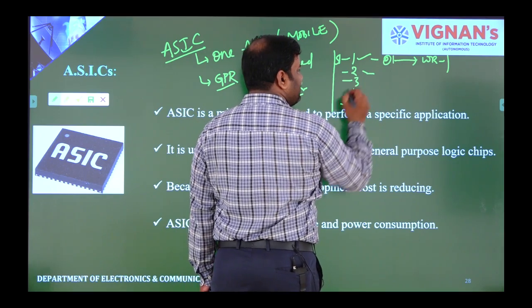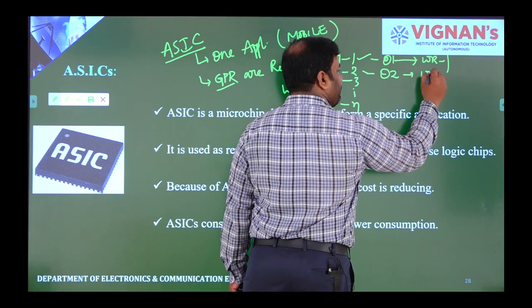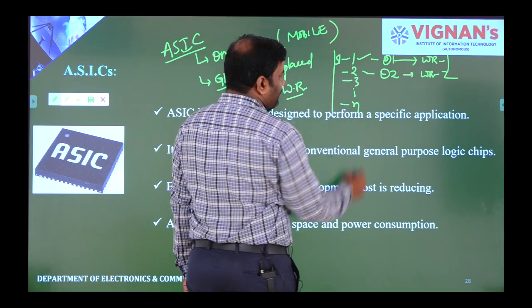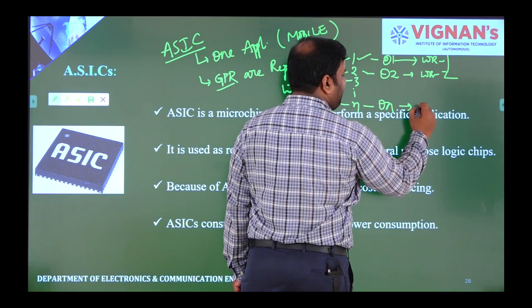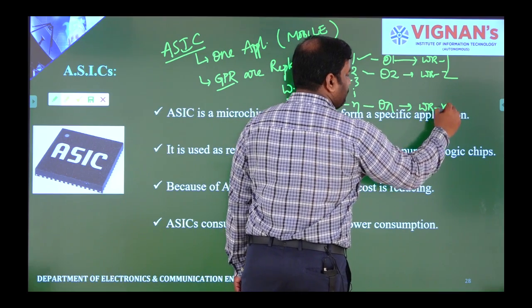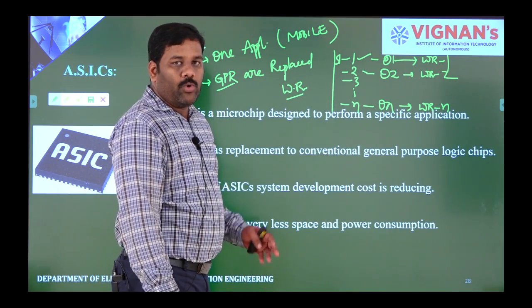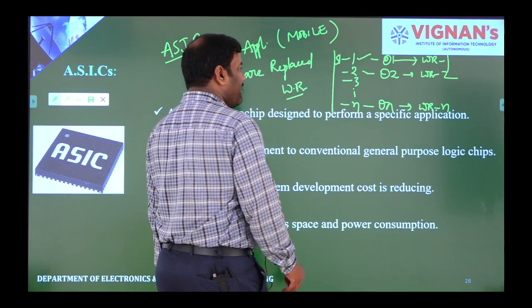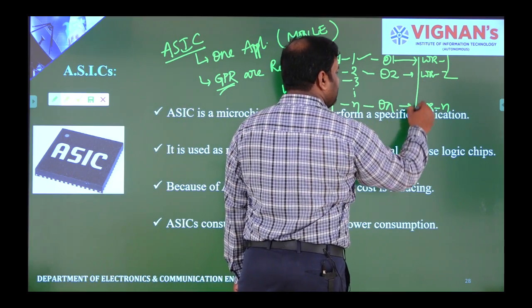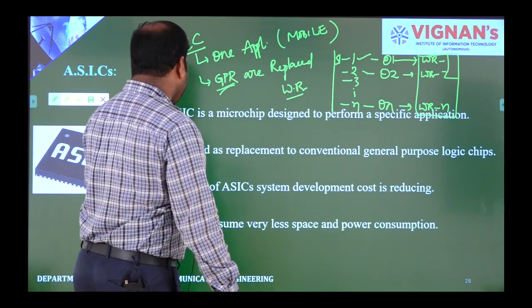Next, the second statement will execute and the output is O2. This will be stored in working register 2. Like that, if you have n statements, you will get n outputs, and everything will be stored in n working registers. So there is no need for general purpose registers here. Whatever you have, either input or output, you can store in working registers.